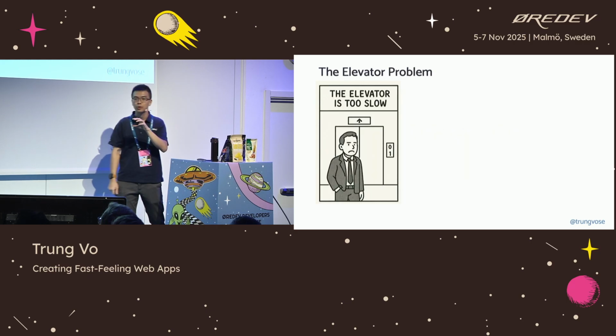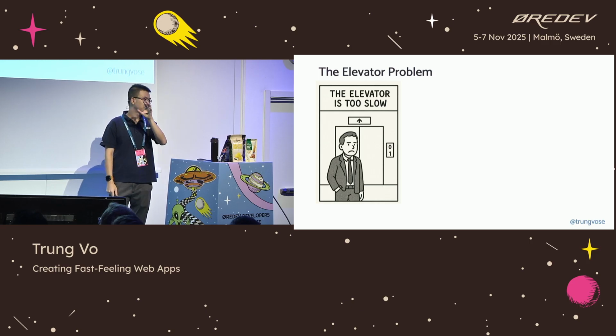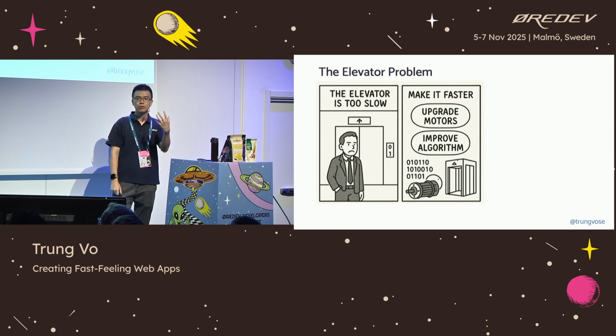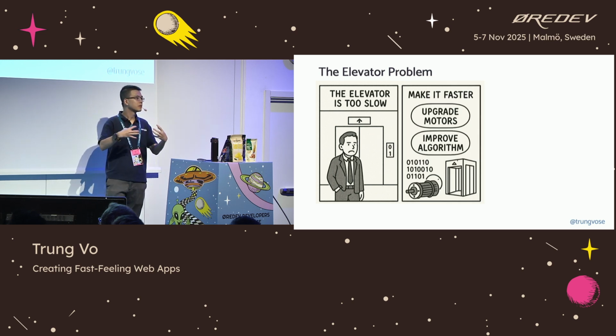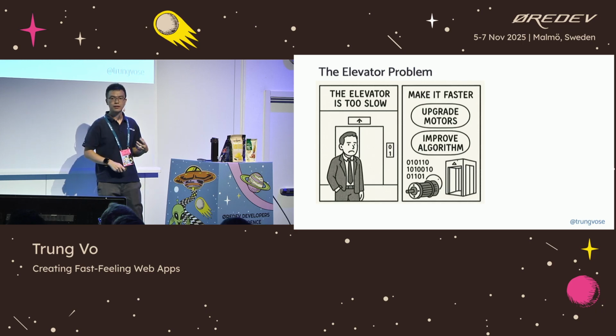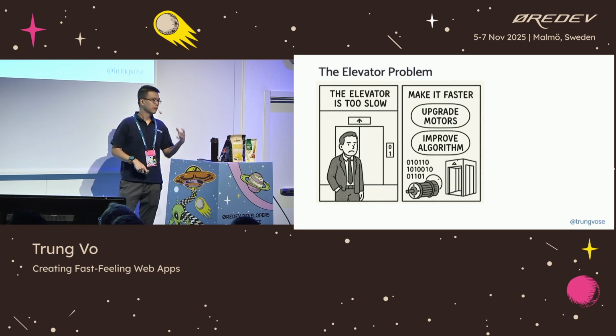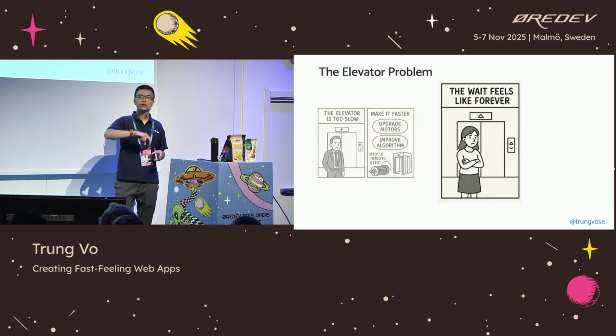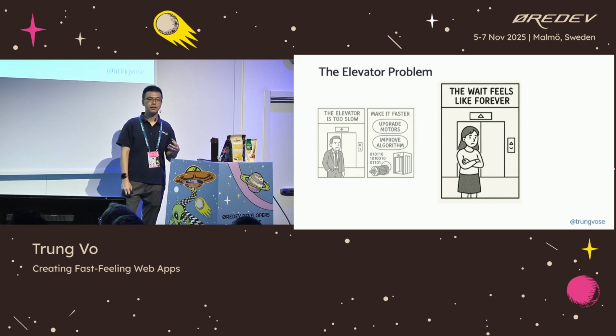So take this example, the elevator problem. That's very classic. People complain that it's slow. So you look into it from the engineering perspective and try to improve the speed of the elevator. But maybe there's another approach. People complain that the wait is long.